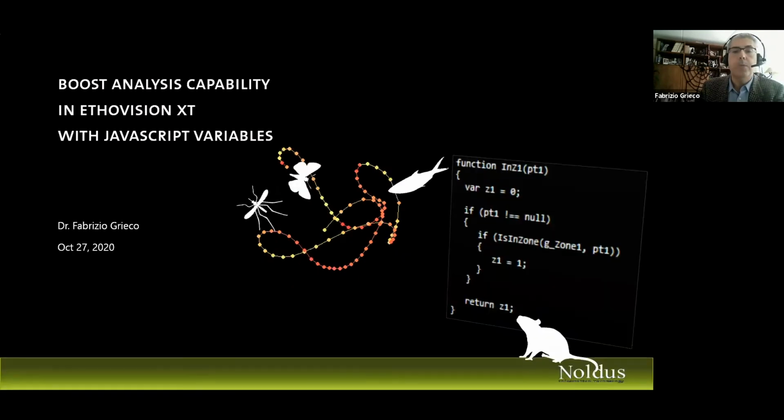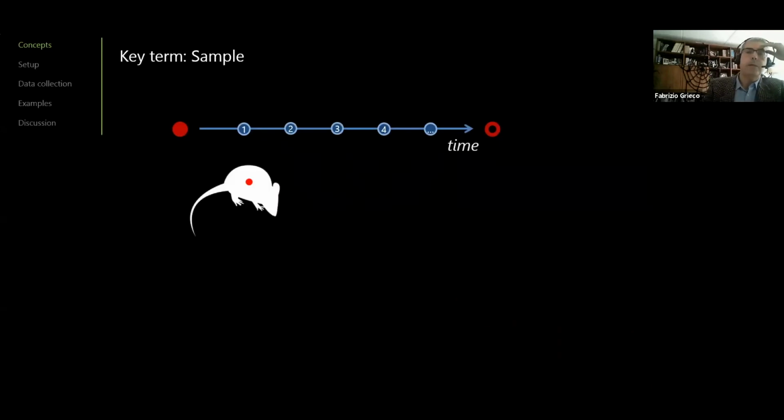Before we start with the examples, let me talk about a few key concepts. During this webinar, we'll talk about the sample, okay? When you look at your data in EthoVision, you tend to imagine that the sample is just the body point of a subject, like in this case, the center of the body of this rodent.